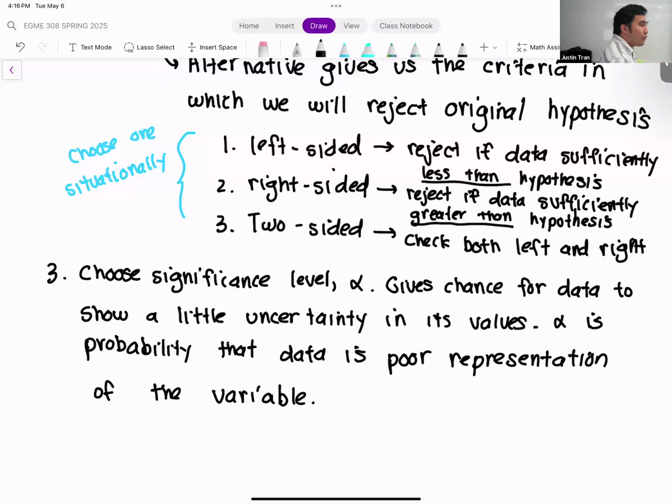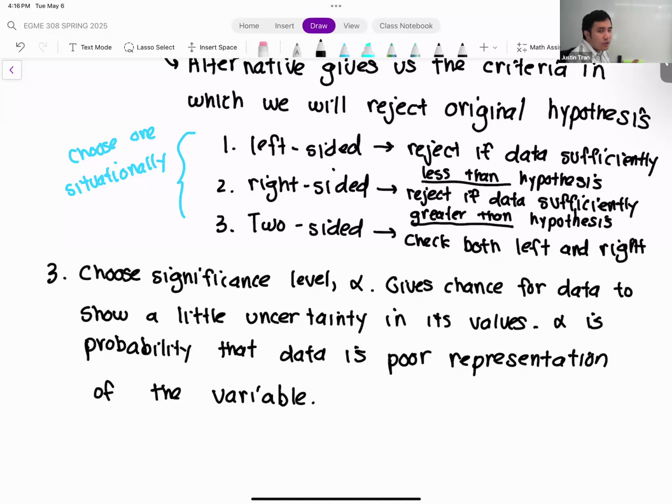In that case, those 2 flips are a poor indication of the physics of a coin flip, because intuitively we know that a coin flip should give you a 50% probability of heads, 50% probability of tails. Now, if you want to get a perfect 50-50, you probably need to flip a coin 1,000,000 times, and then you're probably going to be close to half. But if you only flip a coin twice, you're probably not going to see a good representation of the data, or the data is not going to be a good representation of your variable.